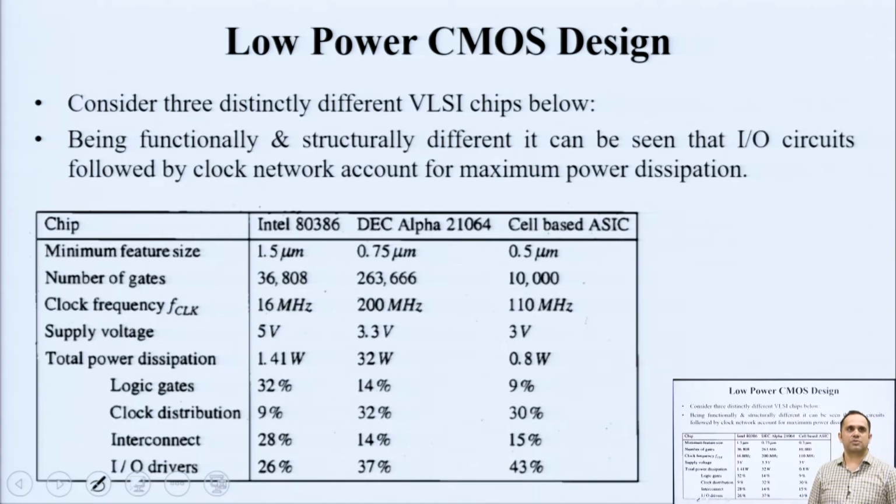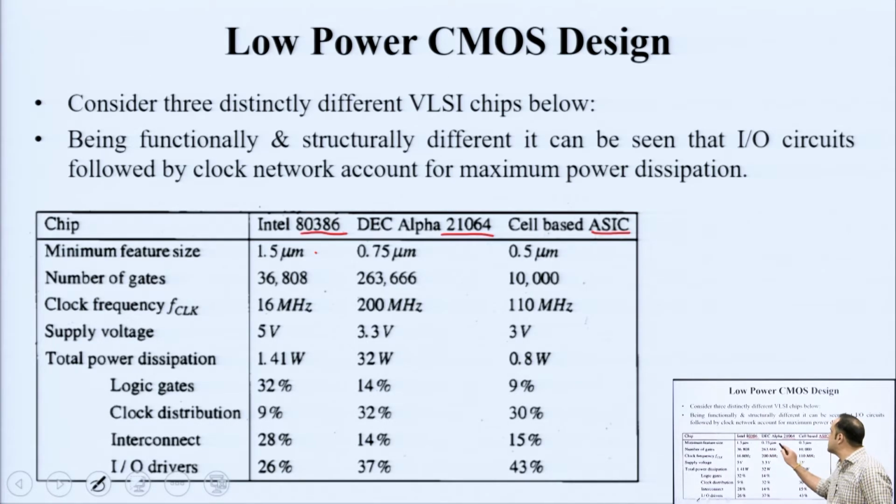Let us do a small comparison. What you see on the table on your slide, you can see three different VLSI chips, the Intel 80386, the DEC Alpha 21065 and an ASIC cell based application specific integrated circuit. You can see that they have different feature sizes.